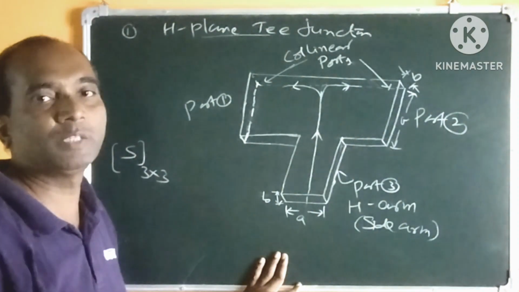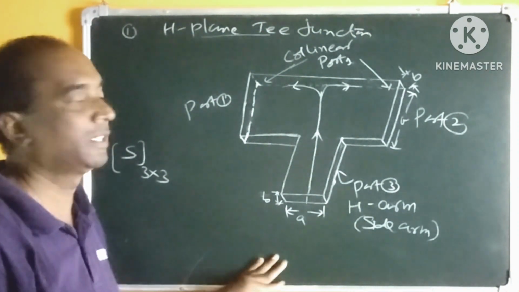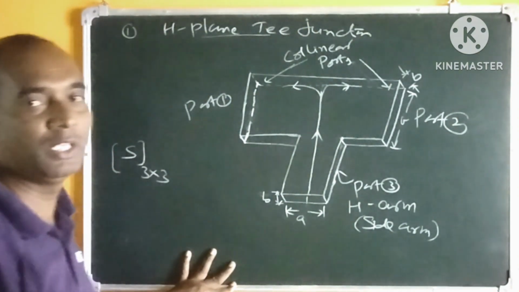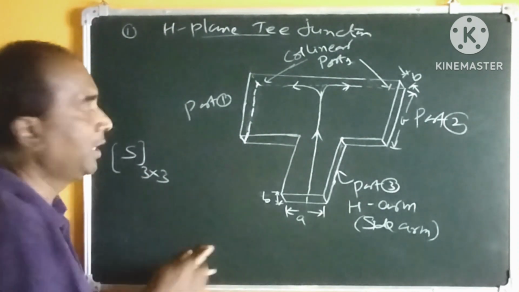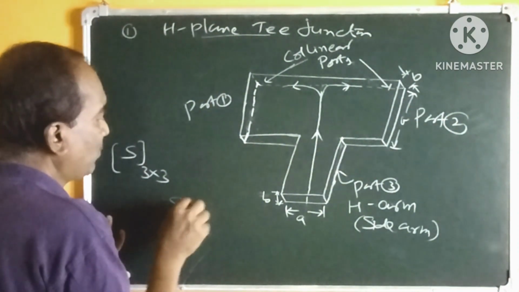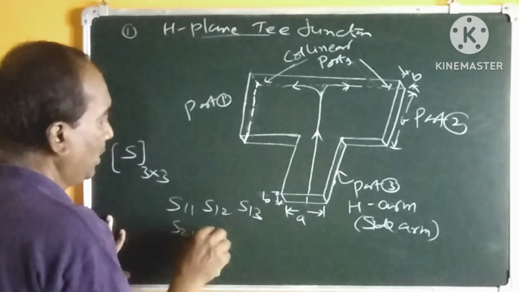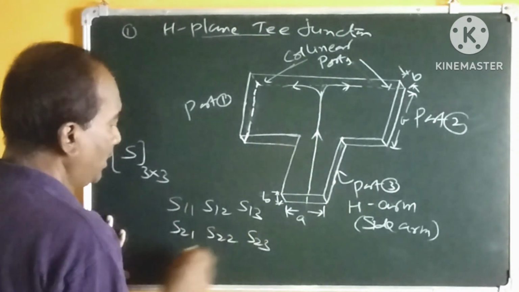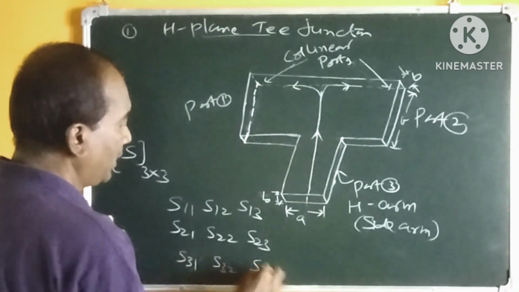The properties of this H plane T junction can be explained by using the S matrix. The S matrix of this H plane T junction, having the order of 3 by 3, can be expressed as S11, S12, S13, S21, S22, S23, and S31, S32, and S33.